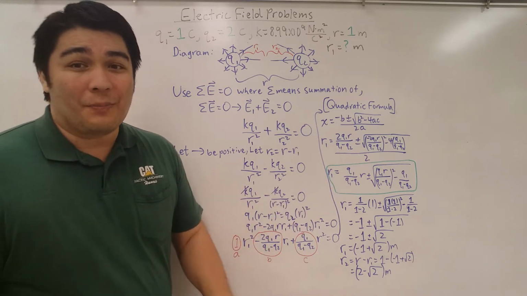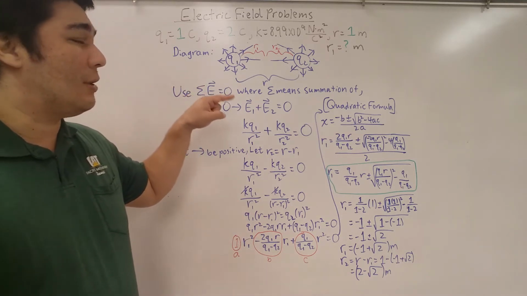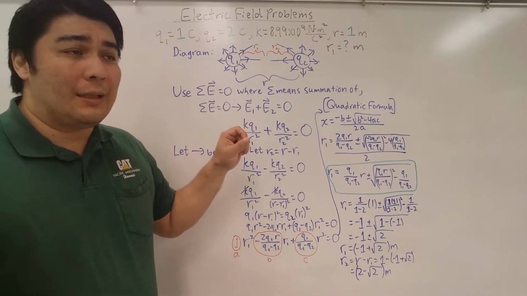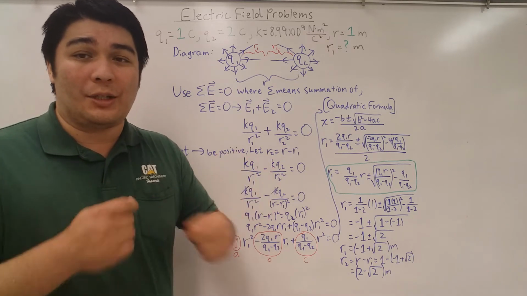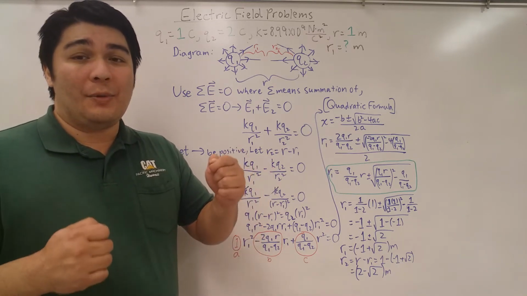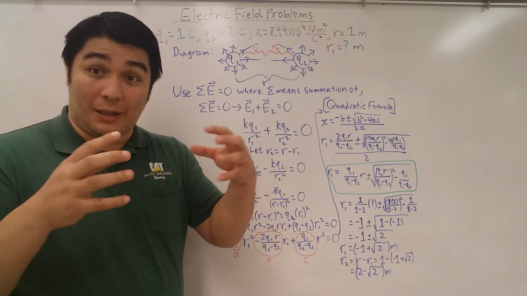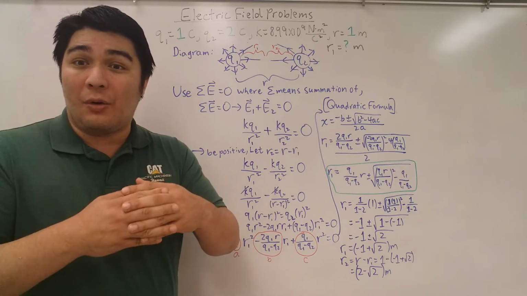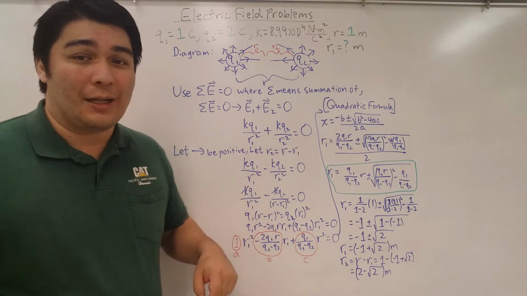So here we go. In order to answer the question, where the electric field is zero, I need to add up all of the electric fields and find where they sum together and form zero. That location is the answer to the question.